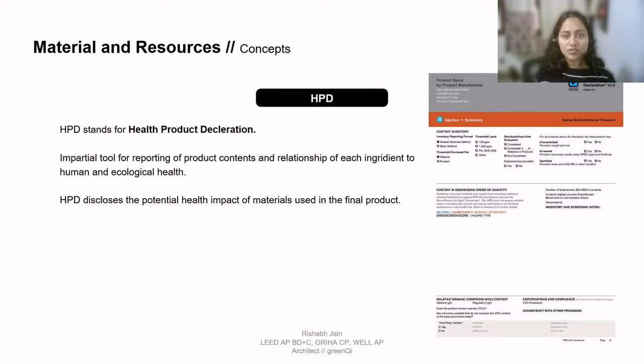This talks about the impacts that the product might have. For example, if a product has VOC content, what would be the limit of VOC content that is good for human consumption, or acceptable? That's where HPDs come into the picture, where they tell what the human impact of the particular material is.